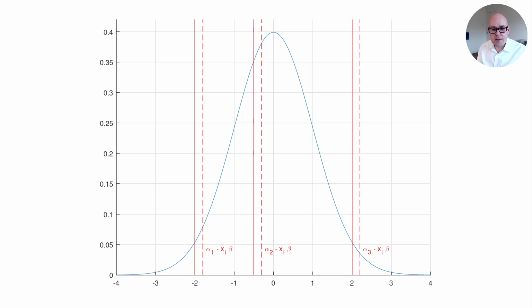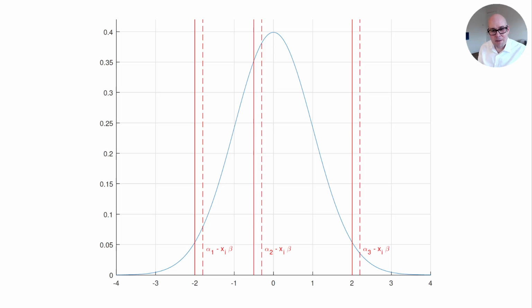Here is the picture I talked about. So what we have here is the exact same picture as we had before once we look at the dashed lines. Okay, so these are the thresholds that we had before, the dashed vertical lines. Now let's think of beta as being positive.